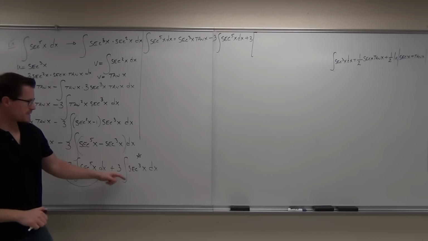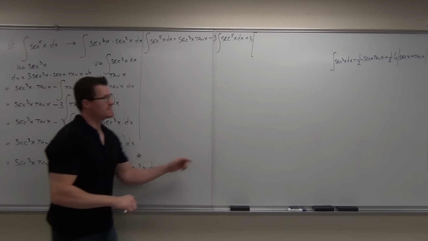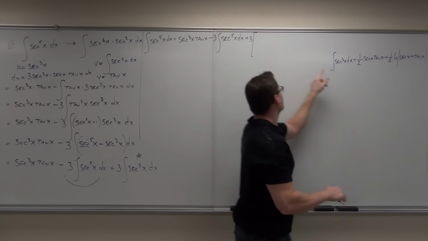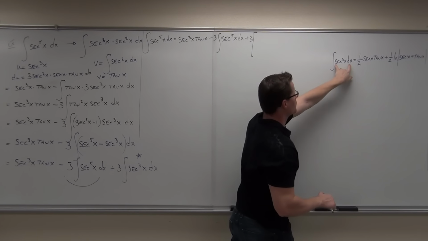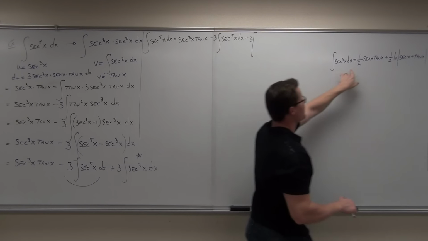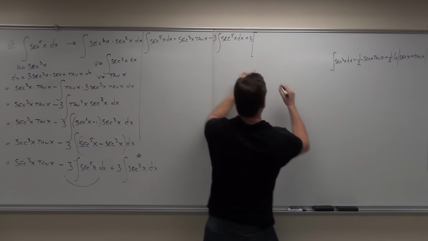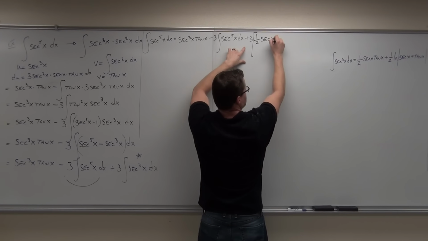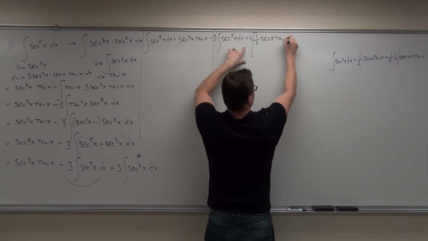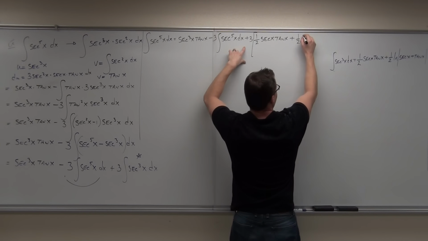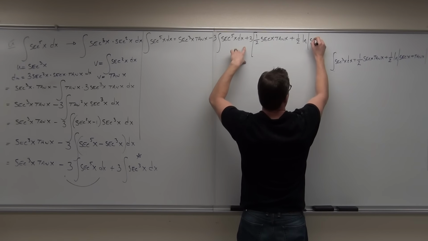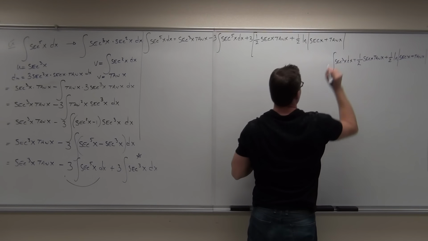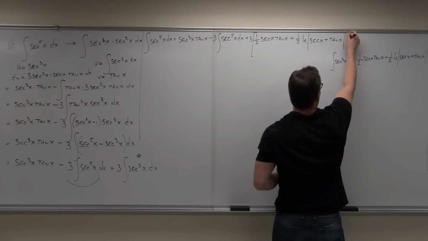We wanted plus 3 times this piece. This piece is this whole mess of junk over here. You with me? So instead of 3 times integral of secant cubed x, we're going to have 3 times this whole thing right here. So we're going to have 3 times 1/2 secant x tangent x plus 1/2 ln absolute value secant x plus tangent x, in absolute value brackets.